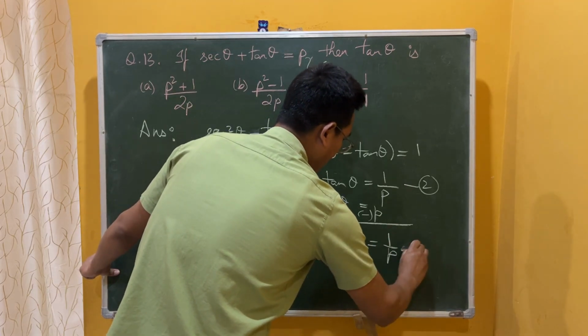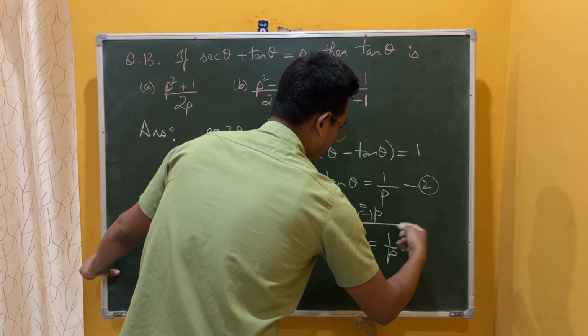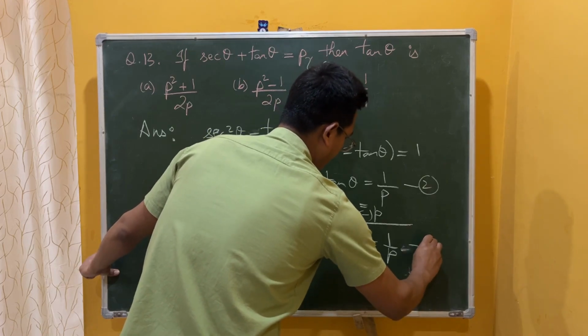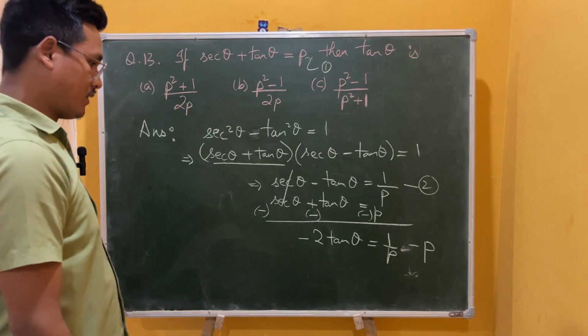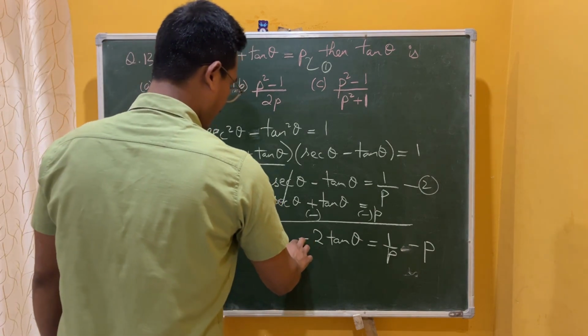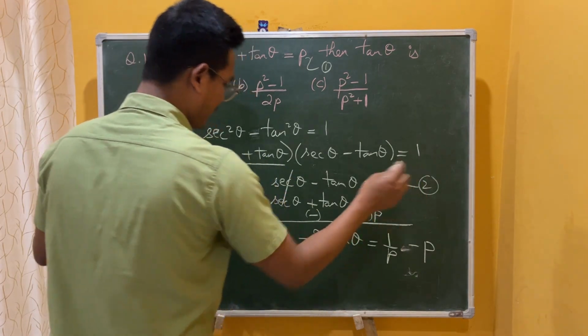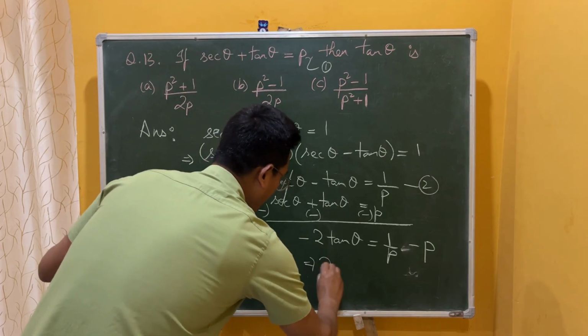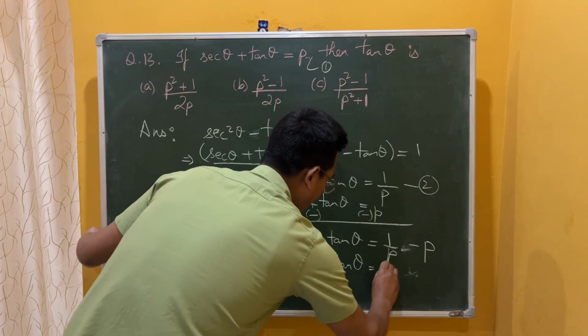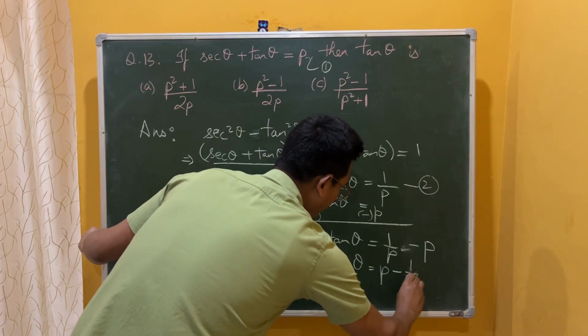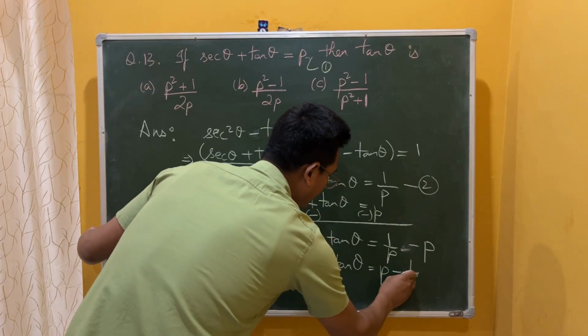1 by p minus p, right? If I try to make it positive, if I multiply both sides with minus 1, it's 2 tan theta equals p minus 1 by p. You all agree with this?